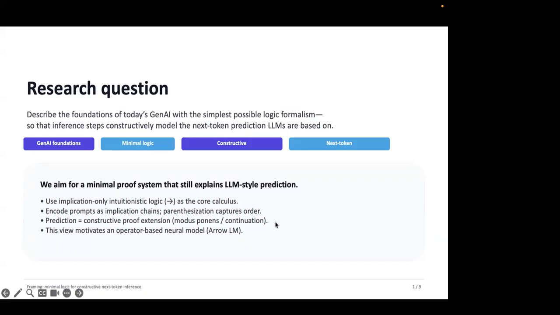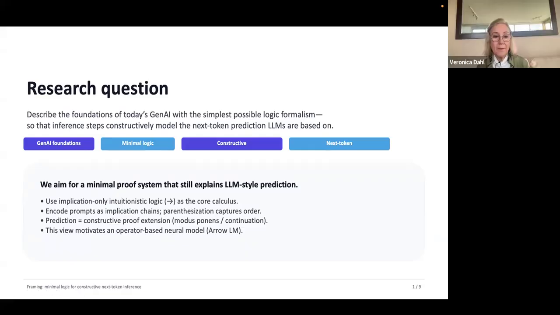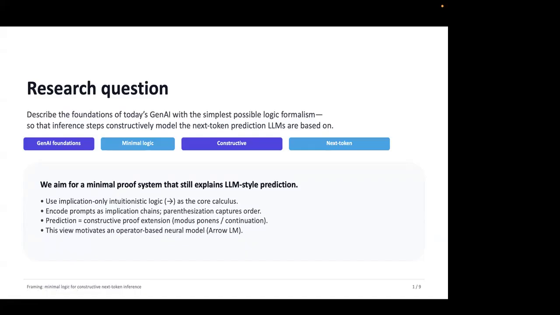So what we want then is this minimal system that explains LLM style prediction. And for that, I will only use something that's all present already in Horn clause logic, which has an intuitionistic reading.